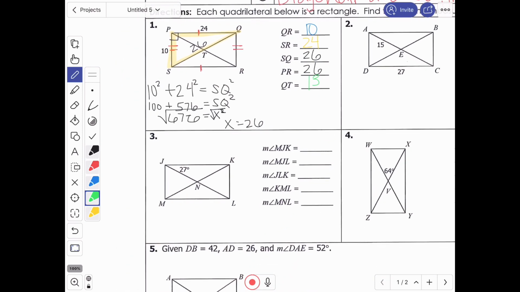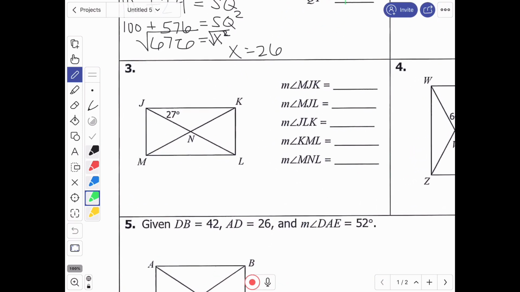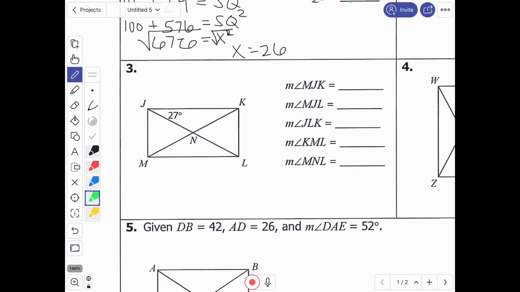Now if we go to number 3, 3 is dealing with all angle measures, okay? And again, you can see that by, it says m, the little m, measure of angle, and then it gives an angle. So all I'm really given, though, is this 27 degrees. If I wanted, I could go and figure out what all angles are congruent to this 27 degrees.